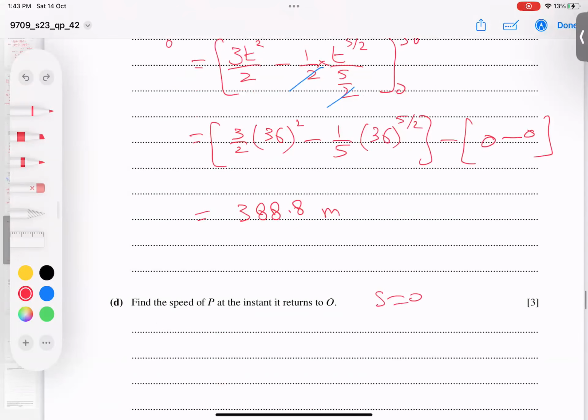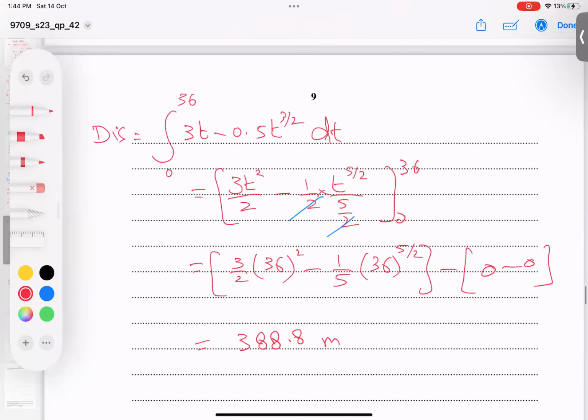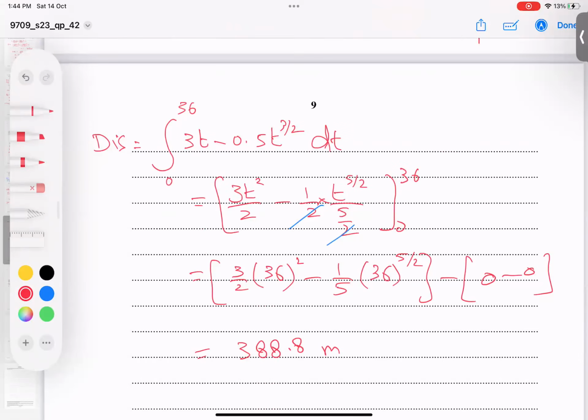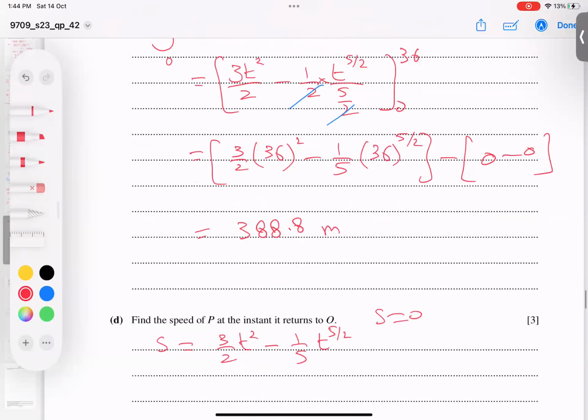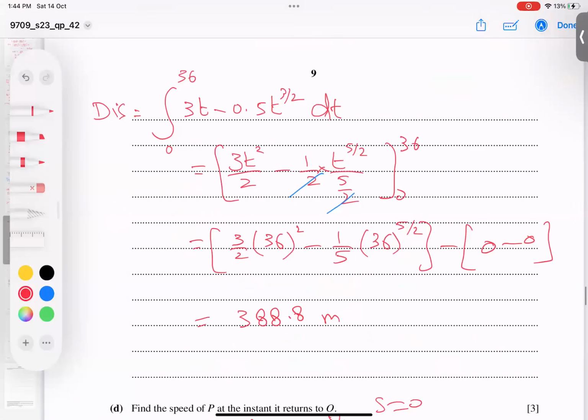So I write here, S is equal to 3 by 2 t to power 2 minus 1 over 5 t to power 5 by 2, and if you want to find the C value, because without limits I got a plus C.